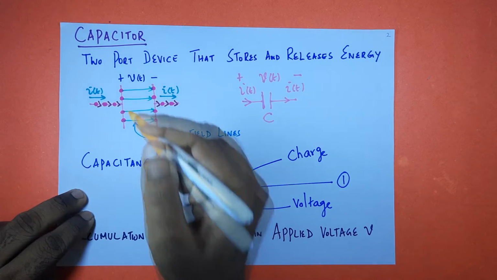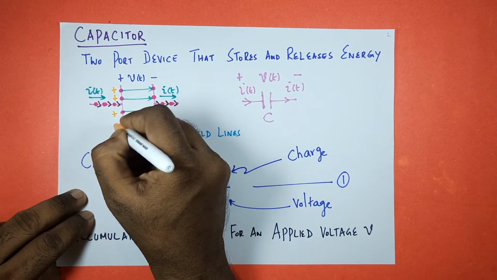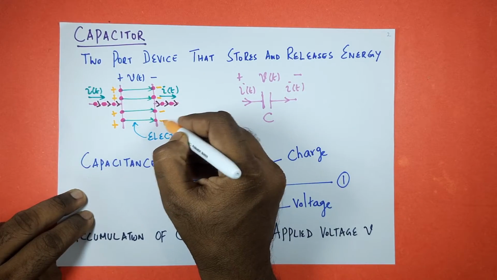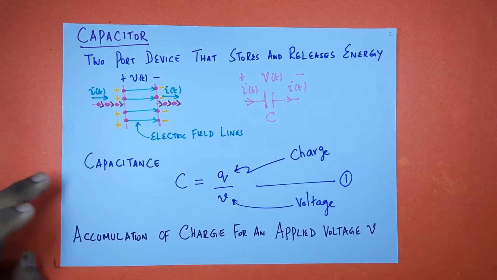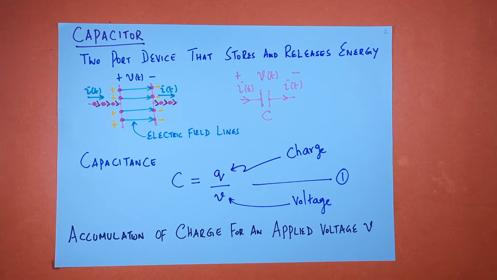On the left hand side, it will accumulate positive charge. On the right hand side, it will accumulate negative charge, right? So, in other words, an electric field exists between the two plates of the capacitor. These green color lines are the electric field lines. They start from the positive side and end at the negative side, okay.